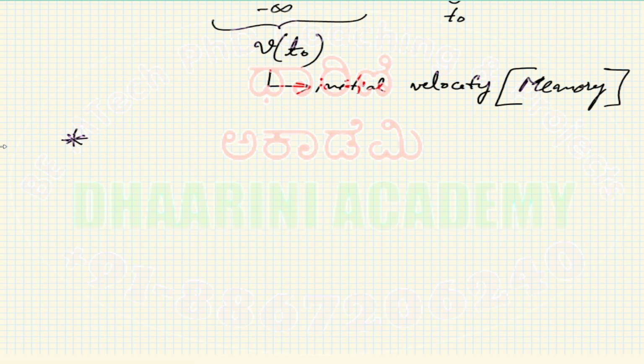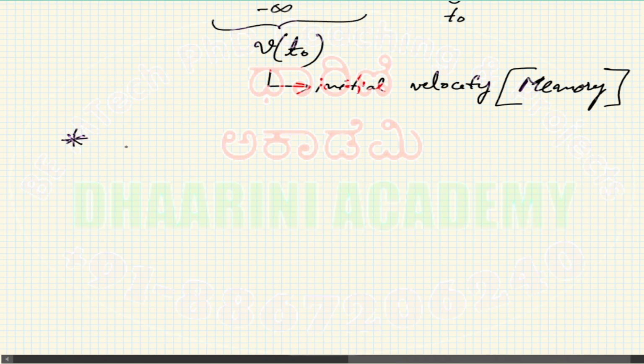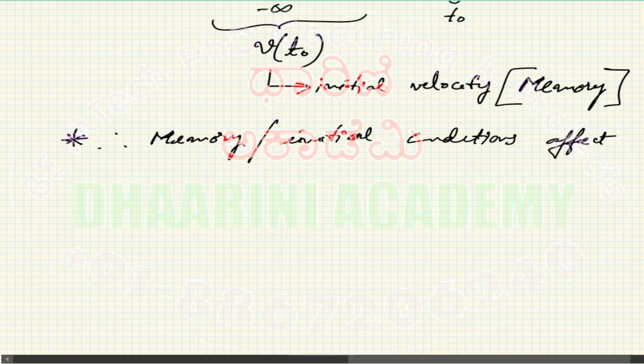Now this leads us to the concept of state. Therefore I can write one thing: the memory, or we can call it the initial conditions, affect the system characteristics.